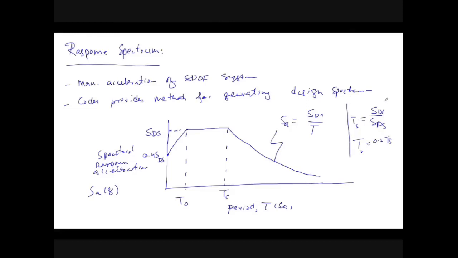Calculation is required in order to have those time periods. And this branch in the new code in the IBC continues till a time period represented by TL, and that varies from region to region because of the variation in the seismicity of the area. But this is the typical shape of the design spectrum given in the code.